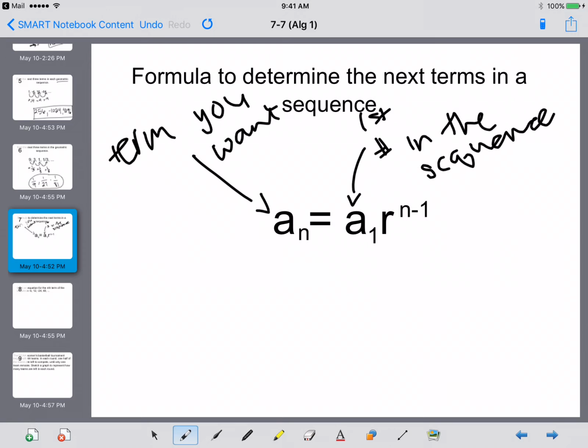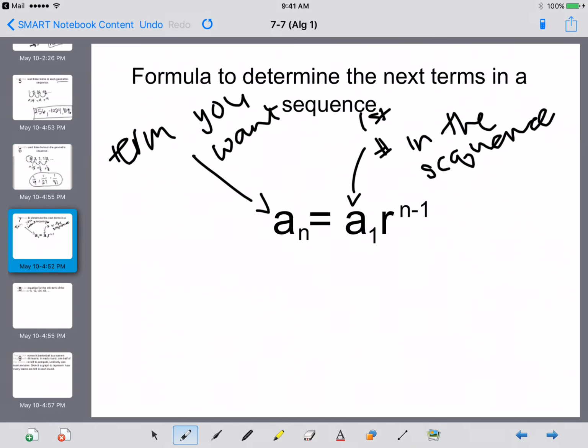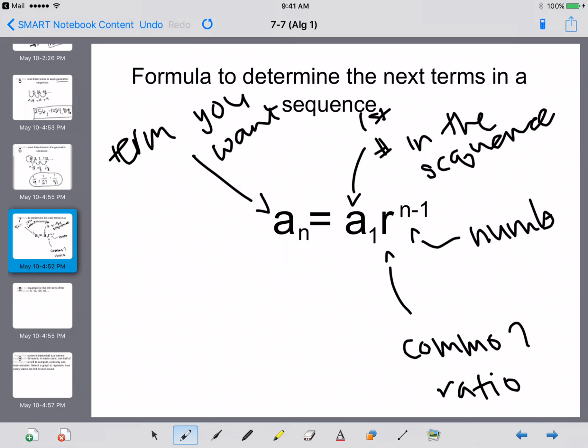So in this case here, our a1 is 9, because that's the first number in the sequence. Your r is the common ratio, so what it's changing by each time, and it has to be in multiplication. And then your n minus 1, the n stands for whatever number in the sequence you want. And then it's minus 1. So if I wanted the 17th term in the sequence, it would be 17 minus 1. So I would be bringing it to the power of 16.